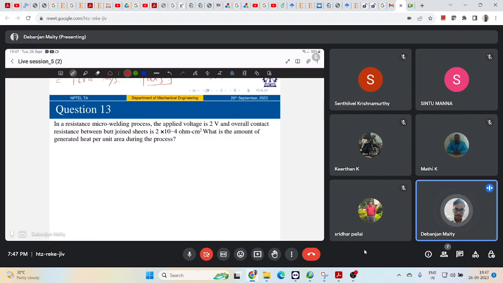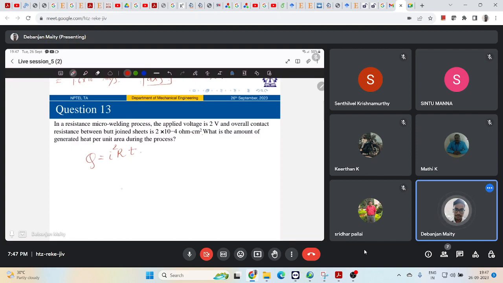It says in a resistance microwelding process, you have the applied voltage that is 2 volt. We have the overall contact resistance 2 into 10 to the minus 4 ohm centimeter square. What is the amount of it? As I was saying, Q equal to I square RT, right? Now we don't have the ampere.